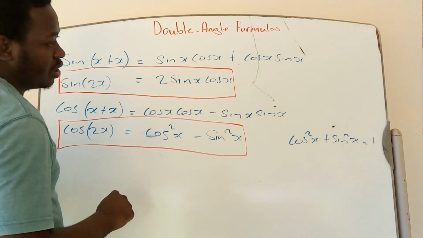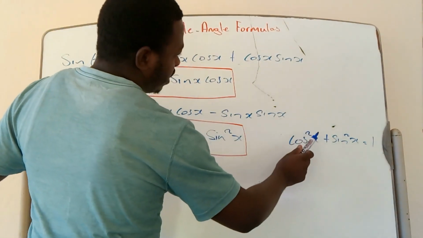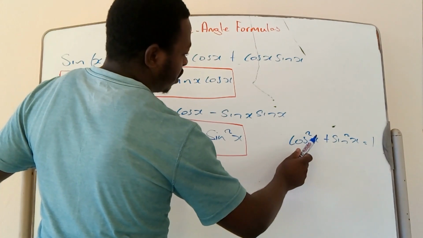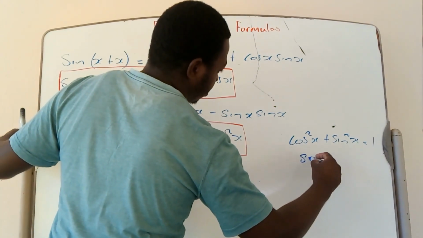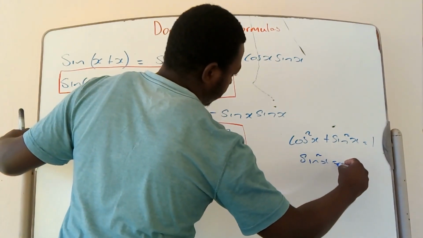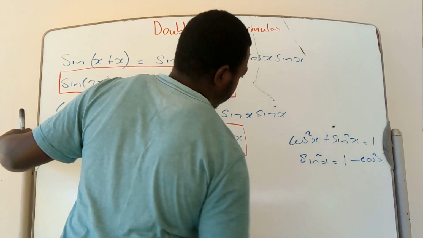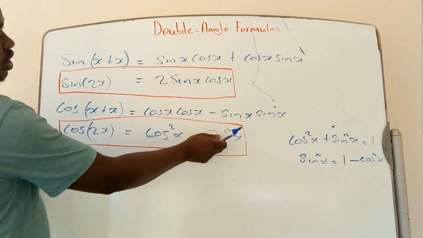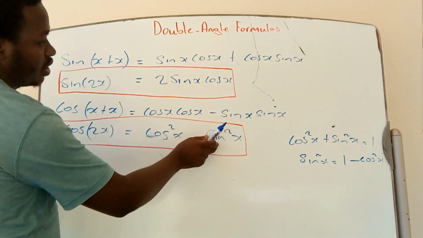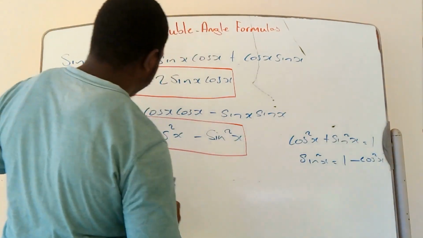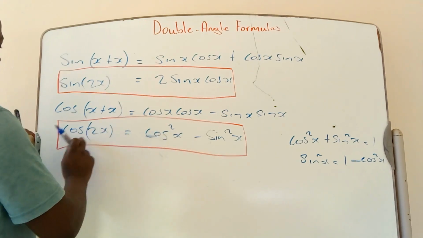So what is sine squared of x? If you manipulate this to make sine squared of x the subject of the formula, sine squared of x is just equal to 1 minus cos squared of x. Now here I have a sine squared of x, so I can replace this sine squared of x with 1 minus cos squared of x.